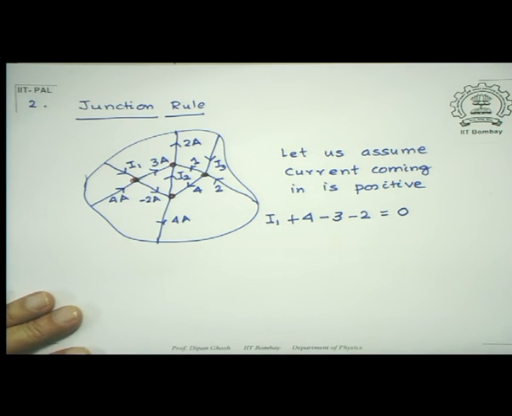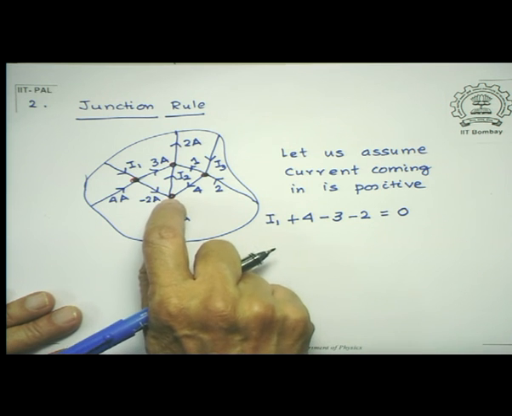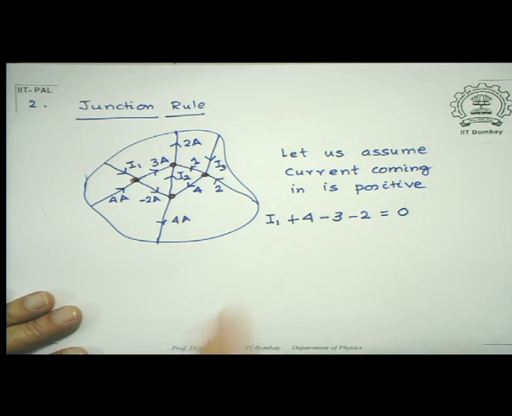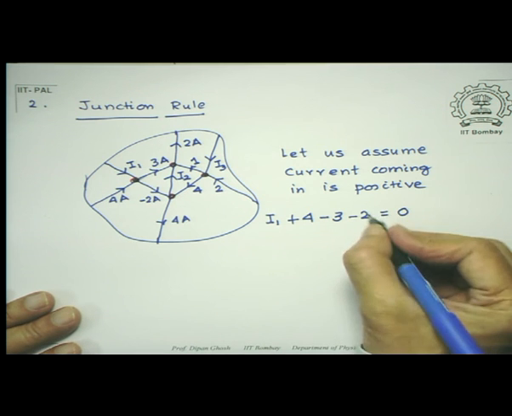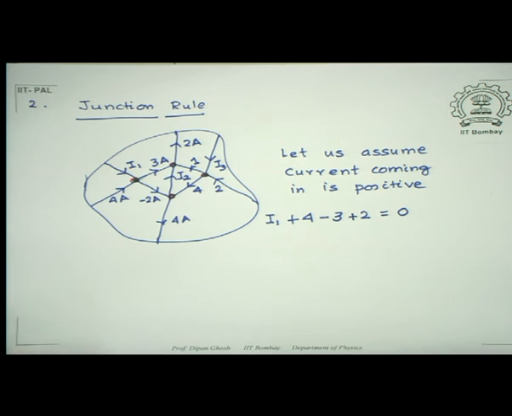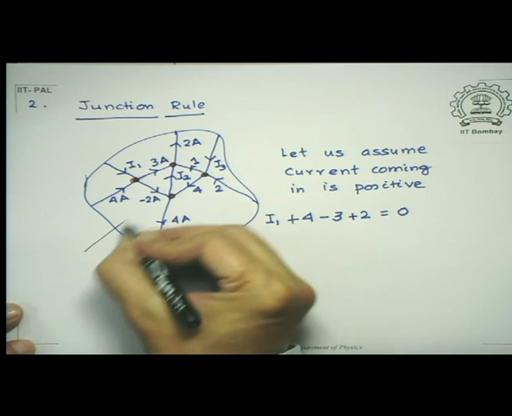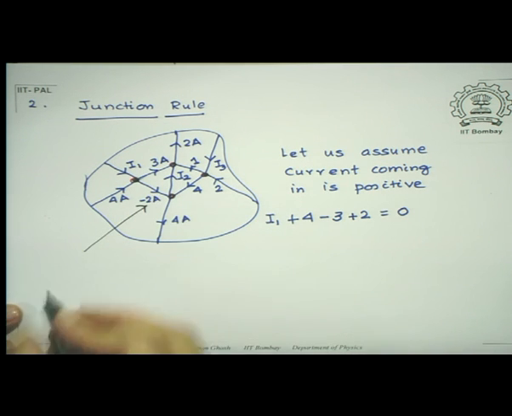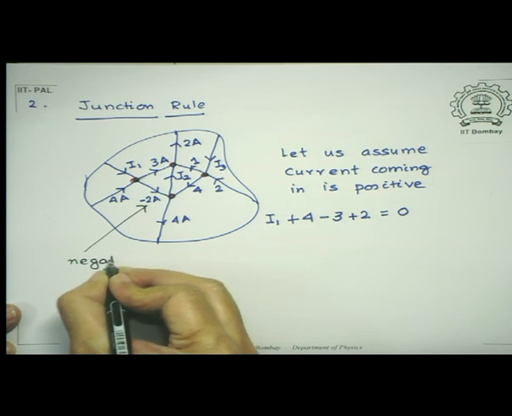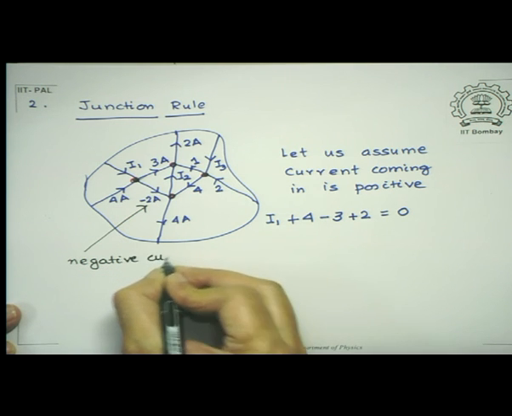What it actually means is that the current in this branch is actually going in, but that is easily remedied by writing this as minus of minus 2. So let me take it as plus 2. Let me make a note here that this is shown as going out, but a negative current going out. Why am I doing this?